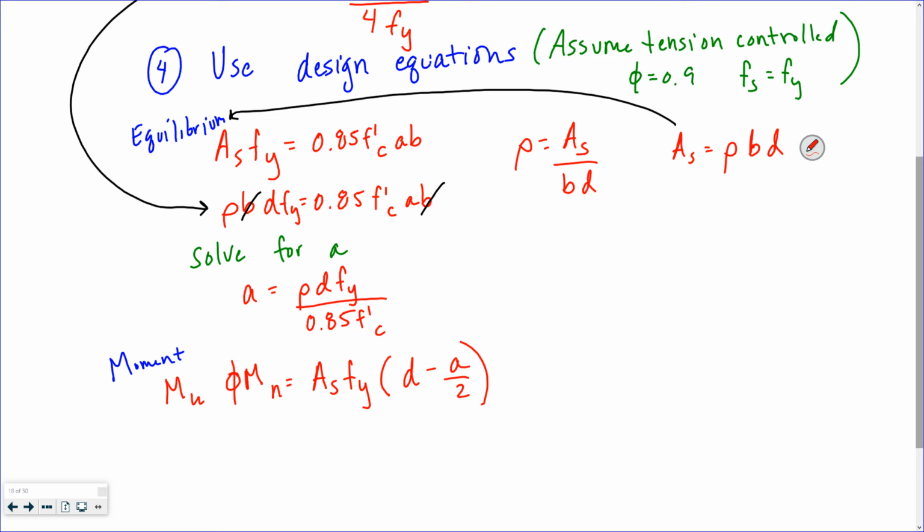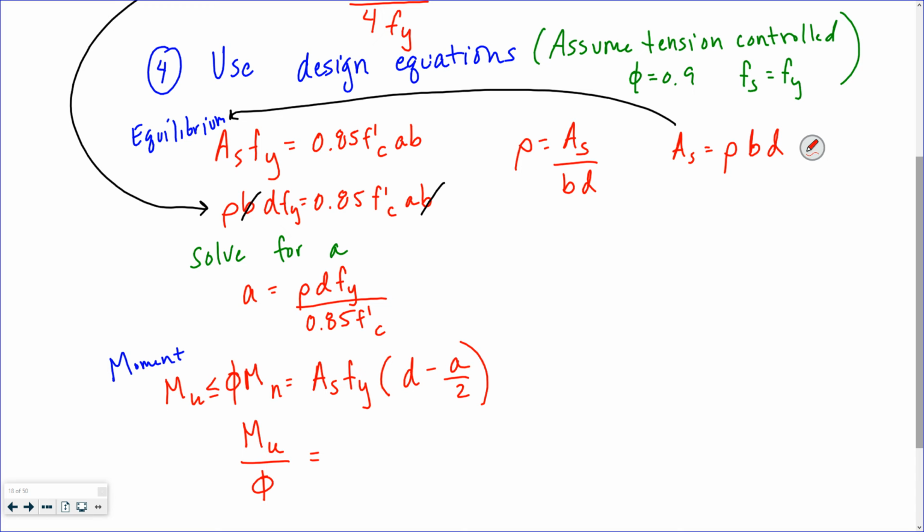Mu must be less than or equal to phi Mn. So I make this side Mu over phi, that's my Mn.